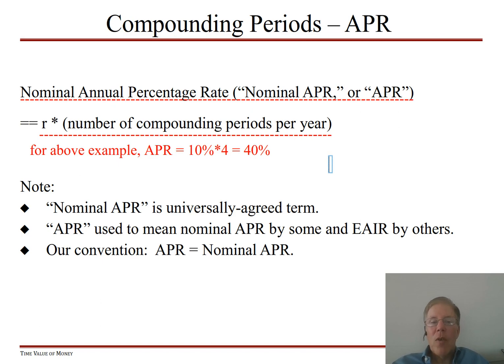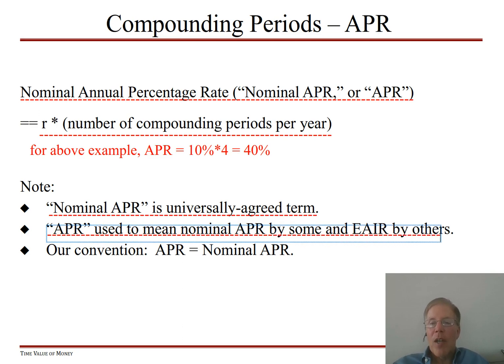Couple things to note. Nominal APR is universally agreed to, so whenever someone says nominal APR, they mean this formula, R times the number of compounding periods per year. Unfortunately, APR sometimes means nominal APR, but other people use APR to mean equivalent annual interest rate.